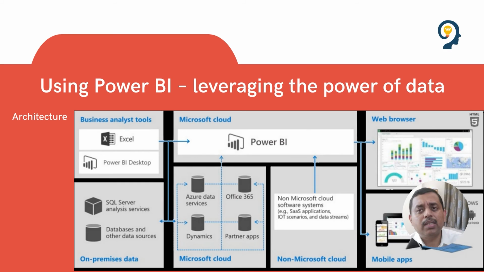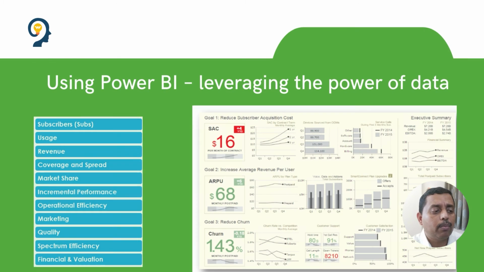Some SaaS applications and all these platforms can also become a part of what we call Power BI's cloud platform. After this, all this data would be published from Power BI to the browser. So you can open it in a browser, or you can open it on mobile applications as well. All these facilities are available with Power BI.